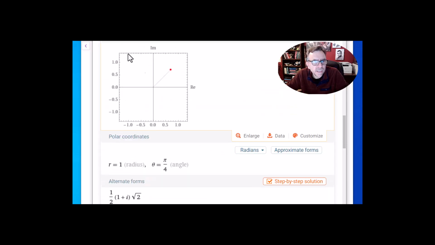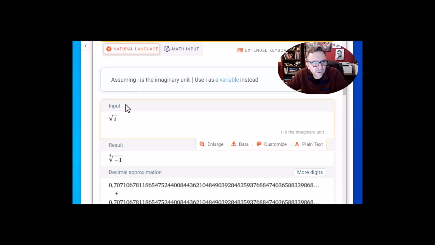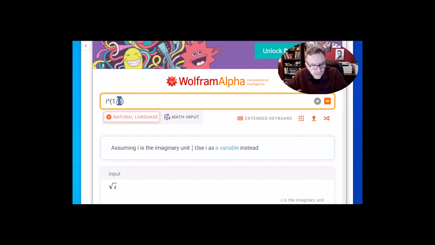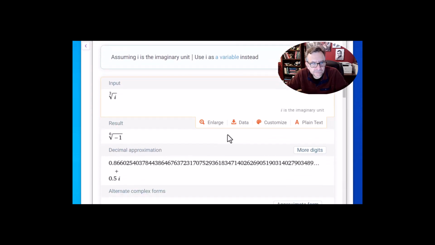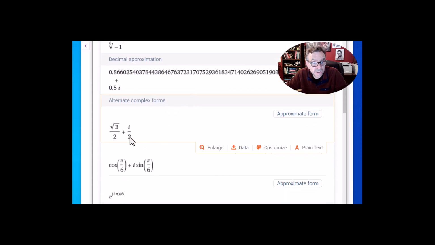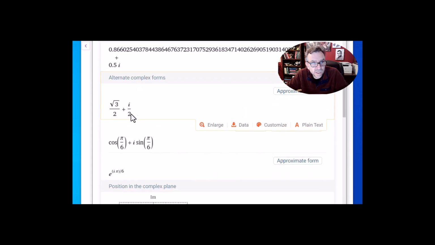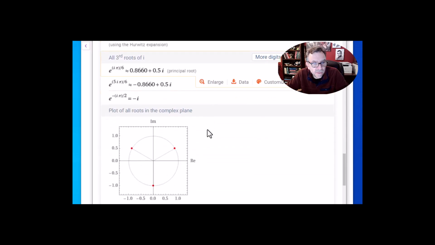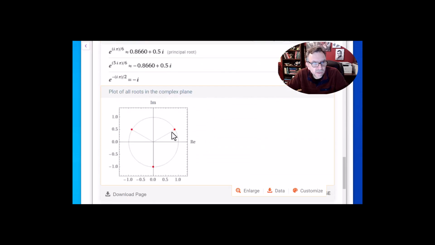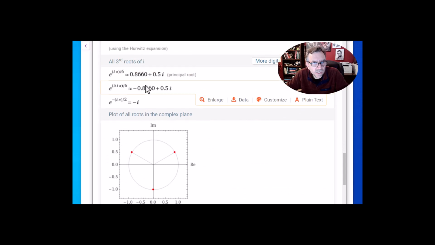Now, if you do the 1/3 power, it's interesting to see the symmetry in the complex plane. When you do the 1/3 power, that would be the cube root. There are three answers to that. There's one, that's the principal cube root, but the other two are over here. So here they are, 1, 2, 3 solutions. And so you can see the symmetry in the complex plane. Negative I is a solution to that.